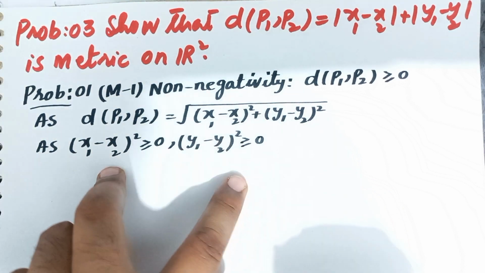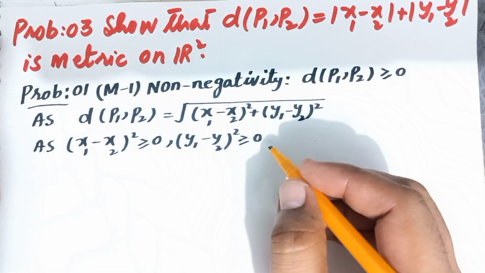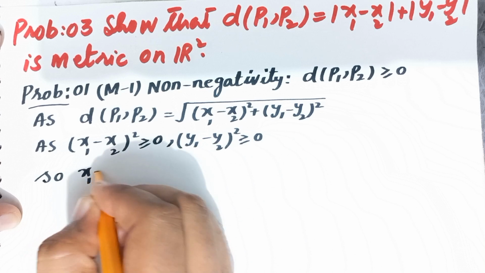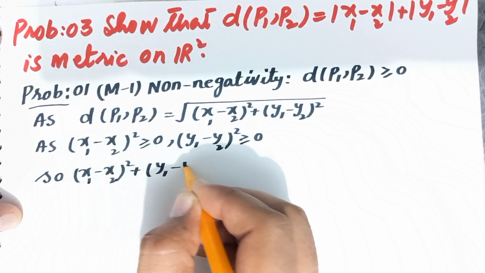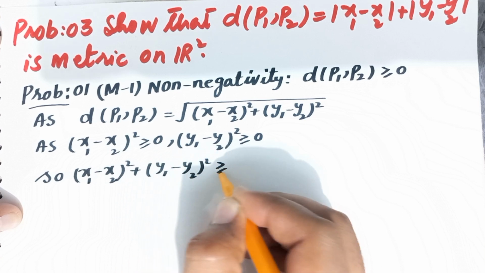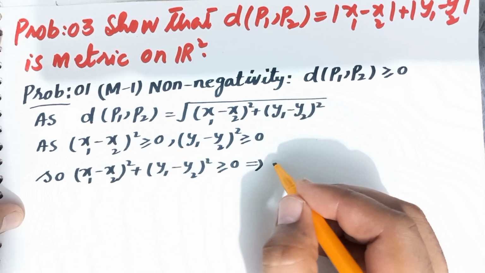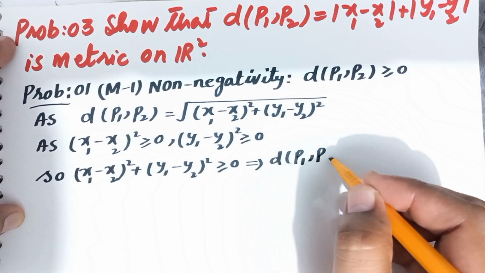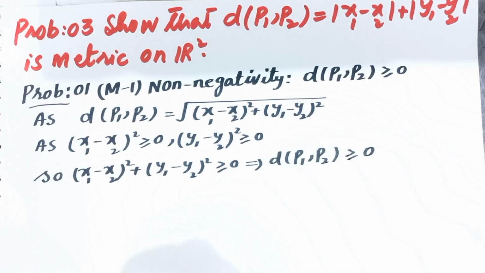As these are two non-negative numbers, and the sum of two non-negative numbers is always non-negative, the sum of the two non-negative numbers is also greater than or equal to 0. This implies, after taking the square root, that D is greater than or equal to 0. The first axiom of a metric space holds.